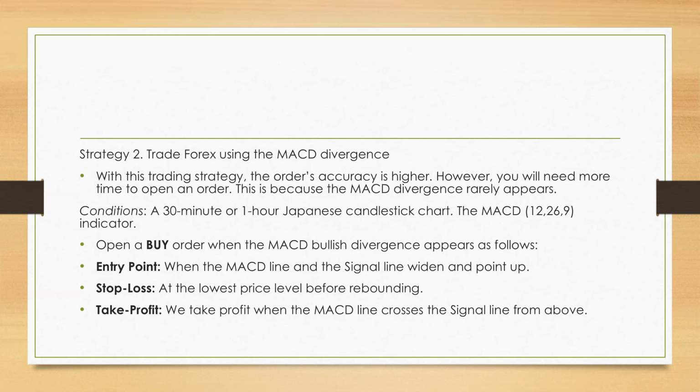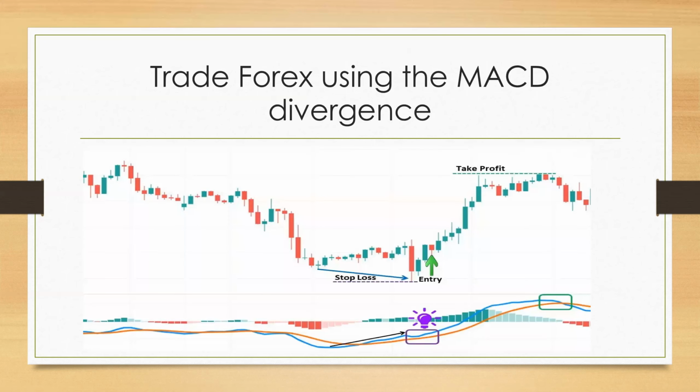Our stop loss is at the lowest price level before it rebounds. And our take profit is when the MACD line crosses the signal line from above. So we let the MACD tell us our entry and our exit points. Let's see it in action.